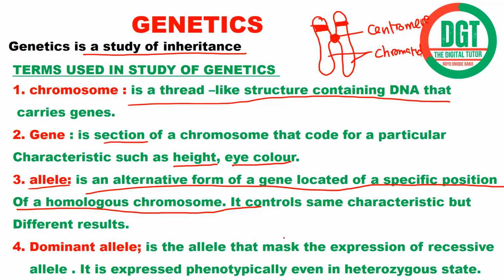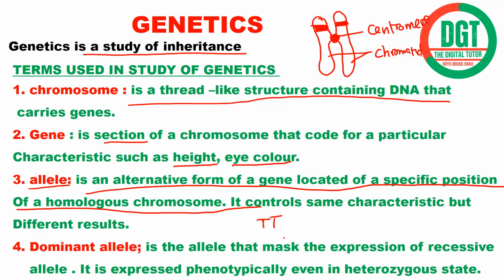It can be the characteristic of a gene, let's say of eye color, which exists in two forms. An alternative form of a gene located at a specific position of a homologous chromosome is what we call an allele, and it controls the same characteristic but produces a different result. For example, take the gene for tallness, that is height.